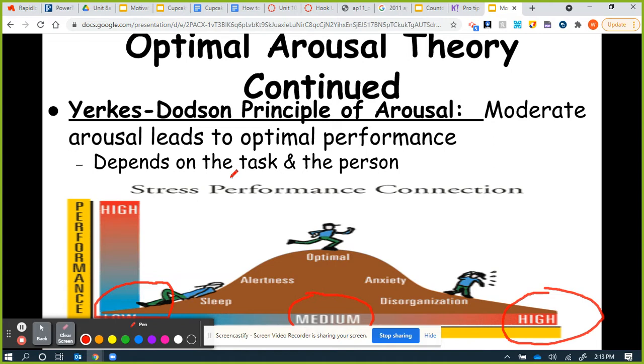So for an optimal level of arousal, this is what is referred to as the Yerkes-Dodson principle of arousal, this inverted U. Now, Yerkes-Dodson says we perform our best when we are at a moderate level of arousal, but there are stipulations to this.